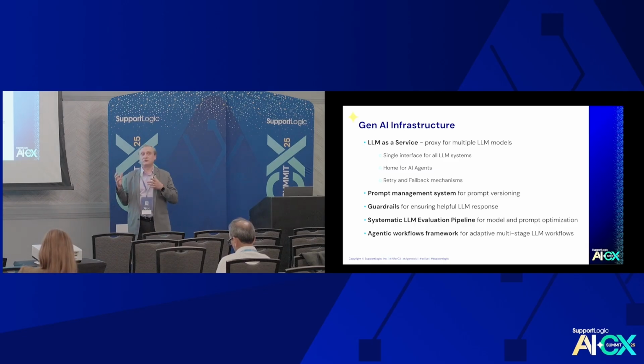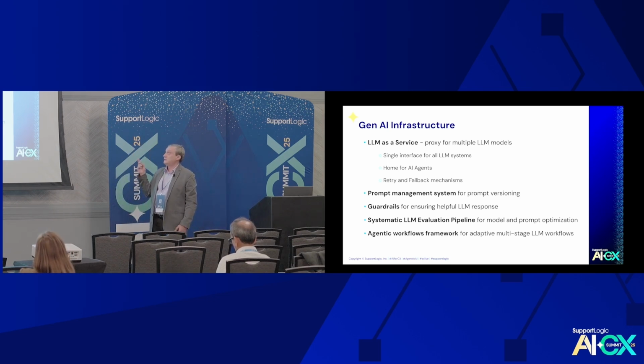In addition to that, it is a home to AI agents, which means that it knows the structure, it knows what the request is, it knows how to respond, it will give you exactly the same format of the response as is expected by the applications. It also includes retry fallback mechanism, prompt management system is very important, guardrails to ensure that the response from LLM is correct.